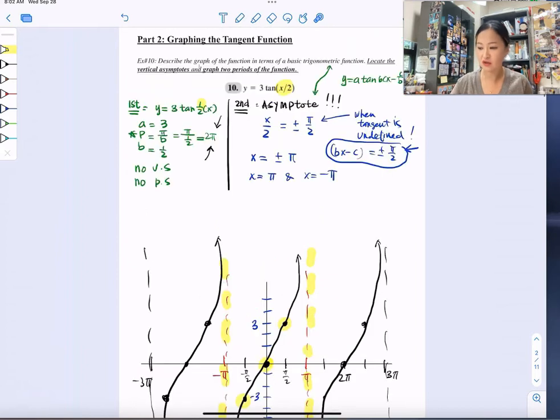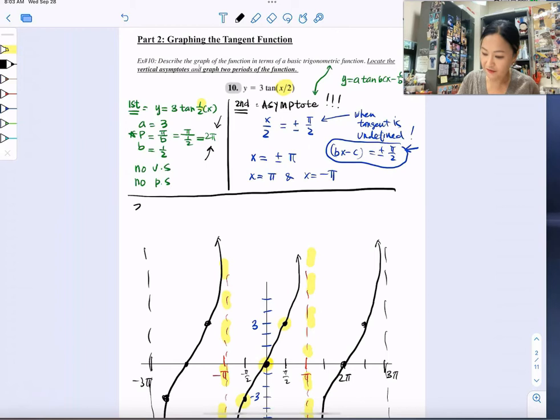Okay, but let's finish. If you want to continue with the technique that we're used to, let's finish this. Third technique is this, graph and labels. Well, you can do the interval, right? What's the interval? It's going to be your period over 4. Your period is 2 pi.